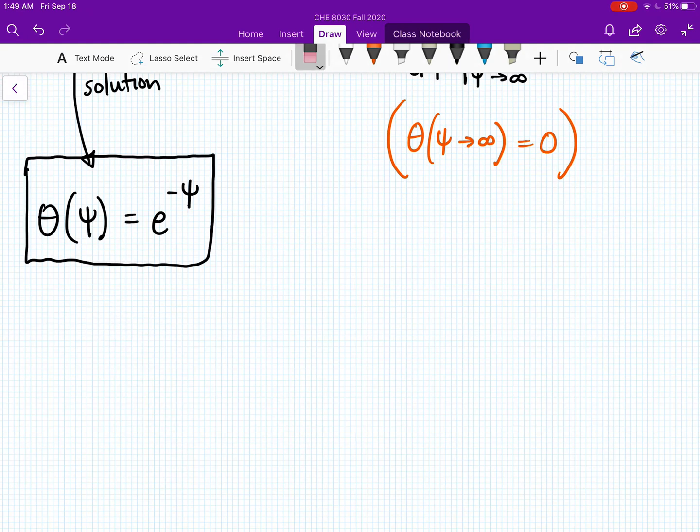So this would be our limiting form of the exact solution.